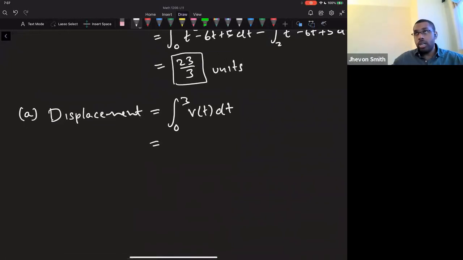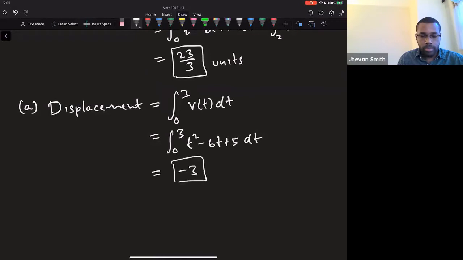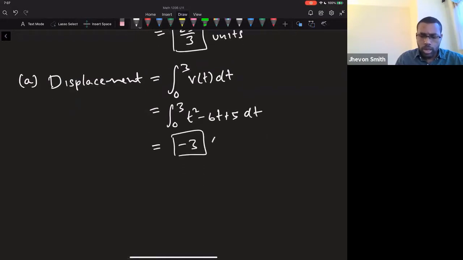Then it'll just combine the negative motion with the positive motion and tell me the overall net change in motion. So that's the integral from 0 to 3 of t squared minus 6t plus 5. And I believe I got negative 3 here. So 3 units behind where it started.